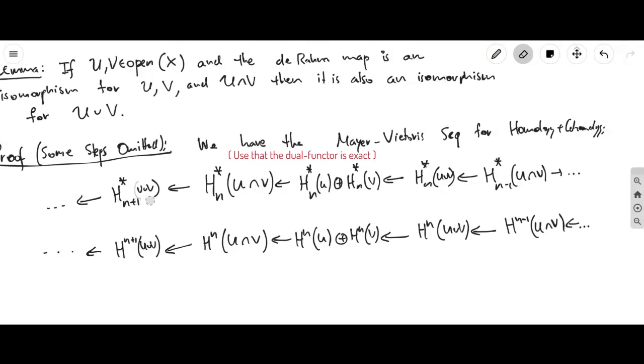The sequence in homology that we just wrote down was an exact sequence, right? The Mayer-Vietoris sequence is an exact sequence. And when you use the dual functor, you change the direction of the arrows, but the exactness of the sequence will remain the same. Okay, so this is what we have.